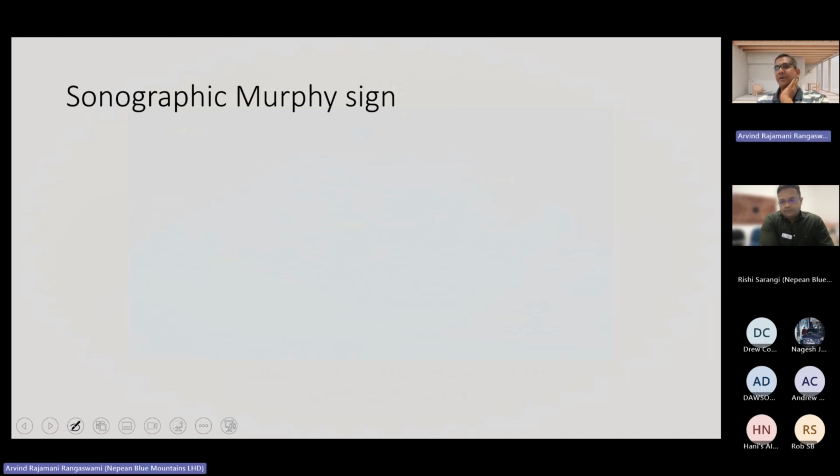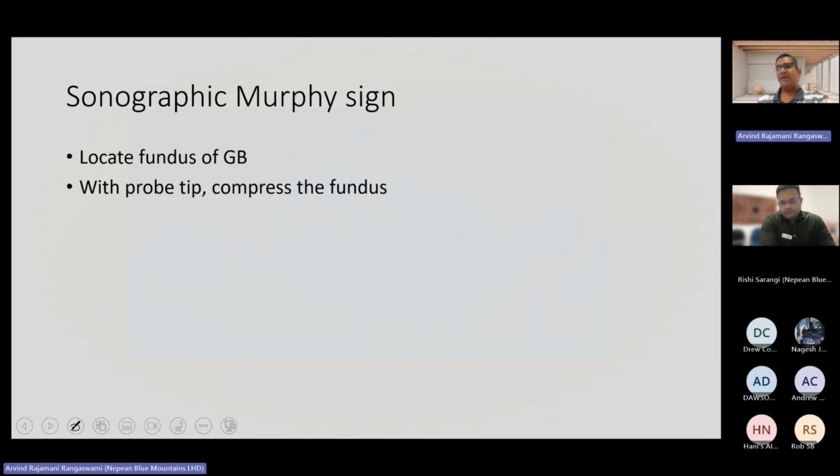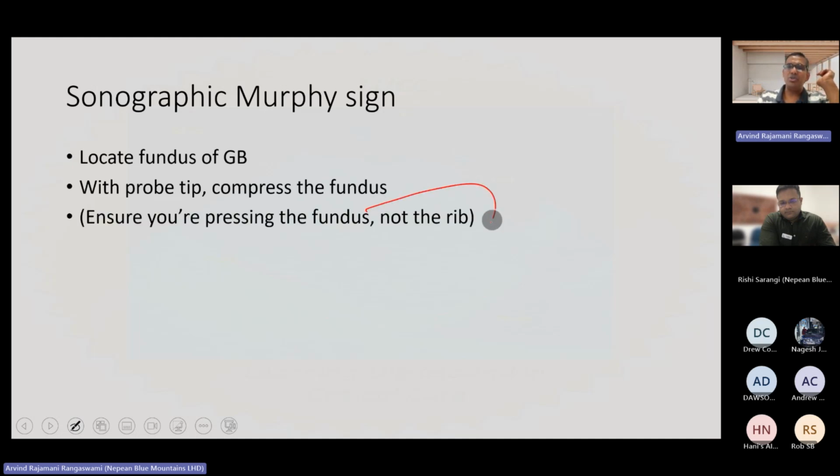Then sonographic Murphy sign, it's just a palpation of the fundus of the gallbladder, and you compress the fundus and you elicit tenderness. The most important thing here is do not press the rib of the patient, because that's going to hurt and that can also cause grimacing. Okay.